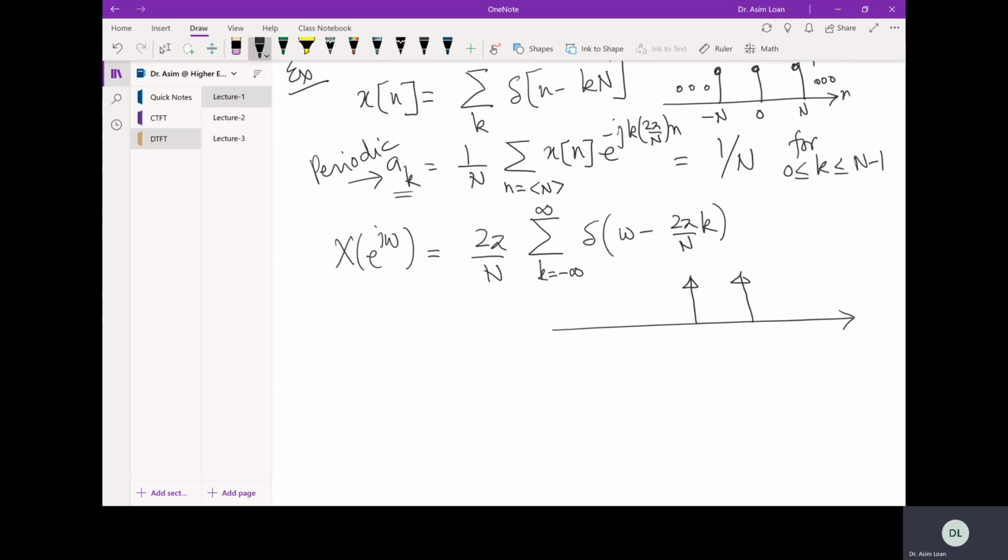This is 0, this is 2 pi by N, minus 2 pi by N, and so on. This is periodic. This is omega.